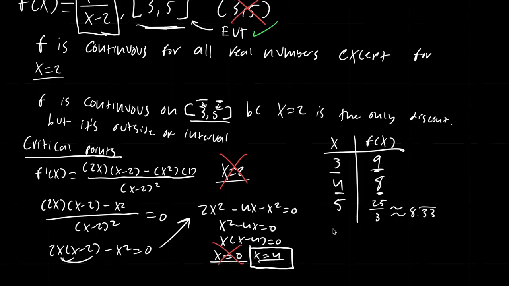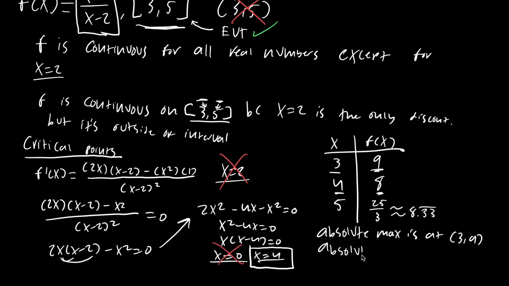So that means our absolute max is at (3, 9) and our absolute min is at (4, 8). There's our answer.